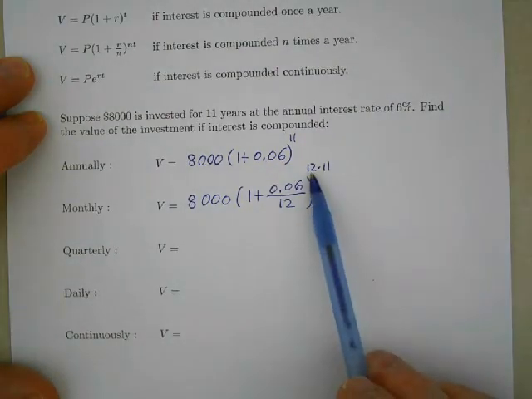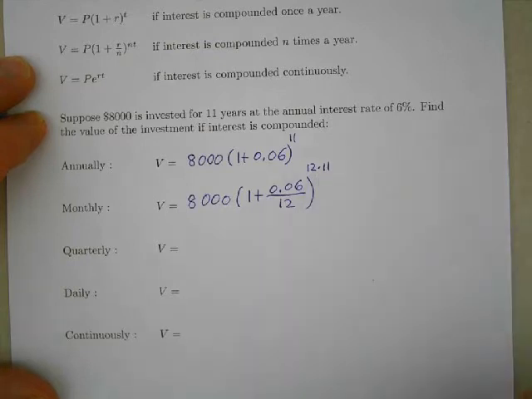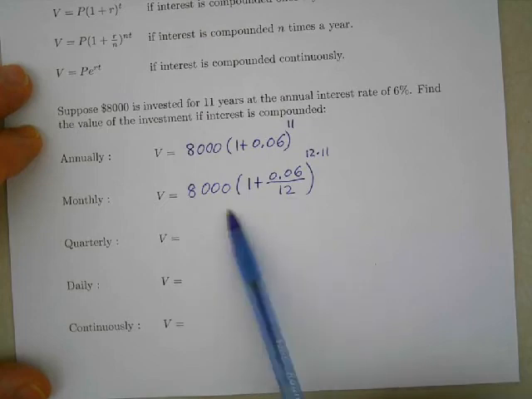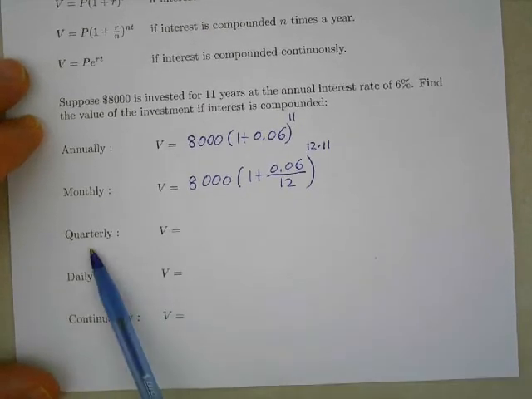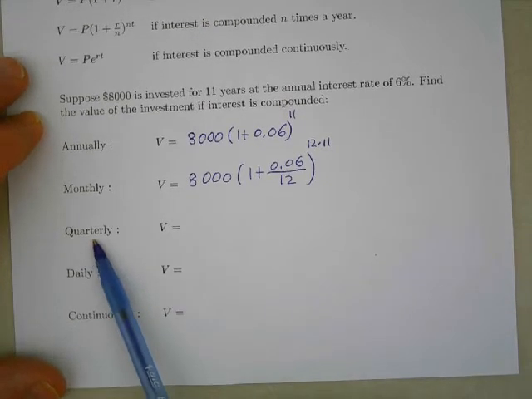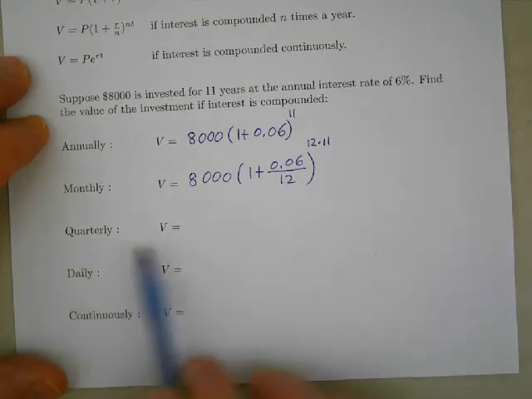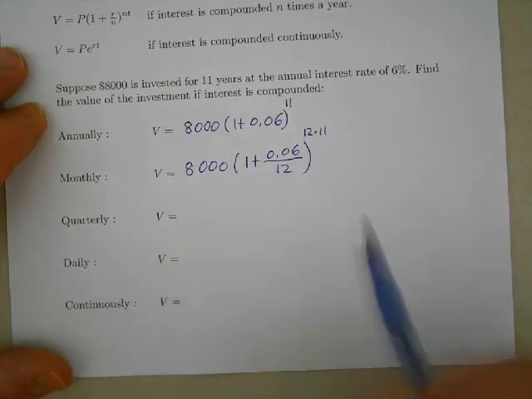This is the n times t. The exponent can also be written as 132 if you like, but we'll just leave it in unsimplified form for now. If interest is compounded quarterly, that means 4 times a year, once every 3 months. So the value of n in this case is 4.